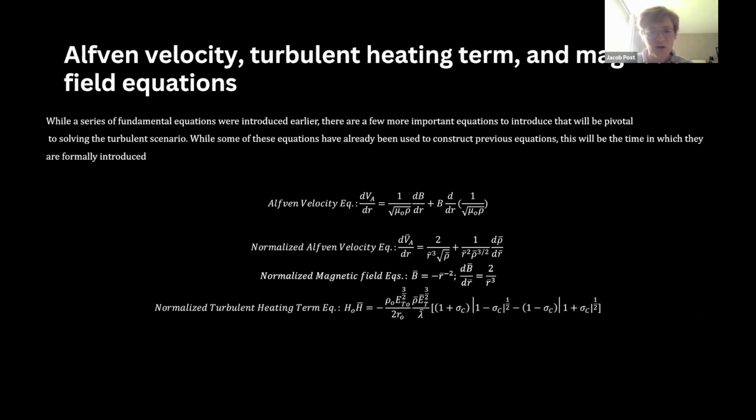So these equations are the Alfvén velocity equation, the normalized Alfvén velocity equation, the normalized magnetic field equations, and the normalized turbulent heating term equations. I would just like to add that these equations were actually utilized in previous slides. It is just in this slide that they have been formally introduced.